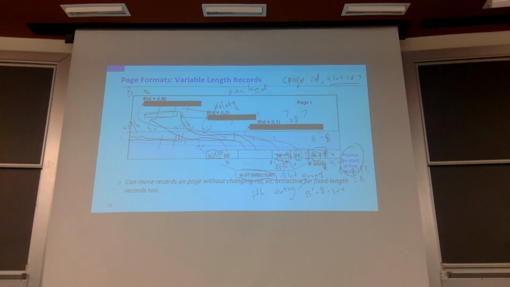If you delete something in the middle, you move everything to fill that hole and update all the offsets here. But remember, because you are only updating the offsets, the slot ID doesn't change, so your record ID won't change. It's totally different from the packed format for fixed length records.